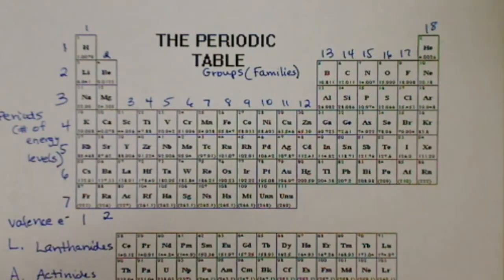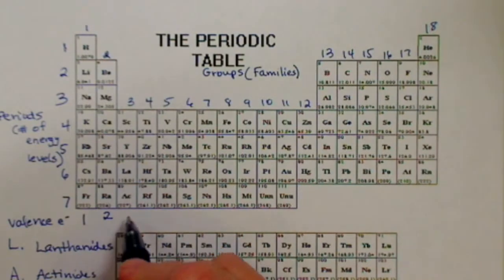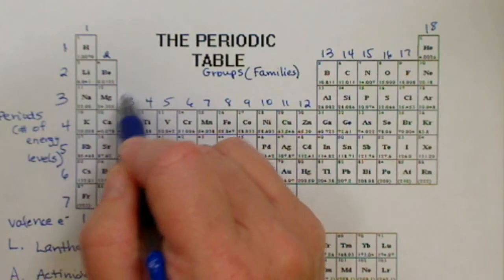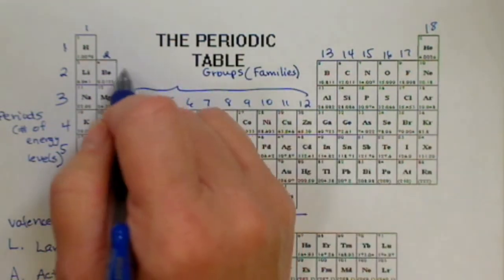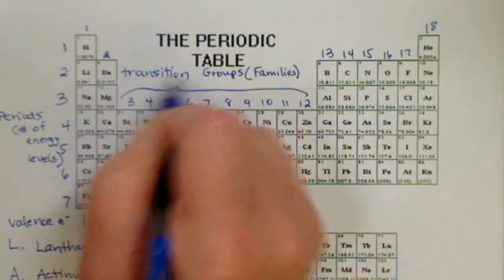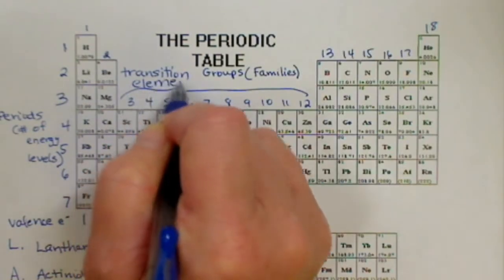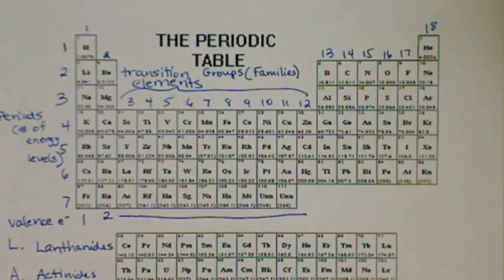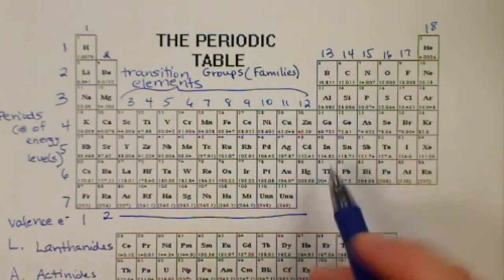Now we have to be very careful about groups 3 through 12 because they don't really have a pattern, because they're called the transition metals or the transition elements. So this little quick shortcut I'm showing you right now does not pertain to groups 3 through 12, but it does pick back up at 13.